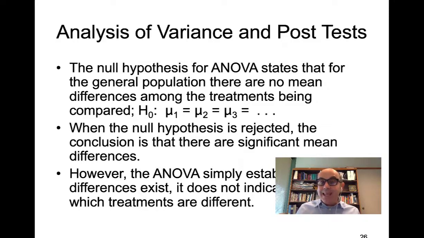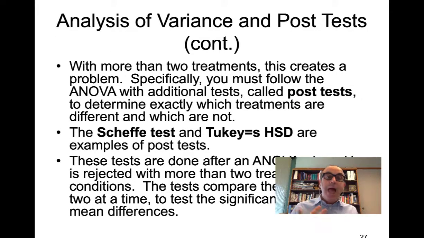It does not indicate which treatments are different from each other. When we have more than 2 treatments, this can create a problem. Specifically, you must follow the ANOVA with additional tests, called post-tests, to determine exactly which treatments are different and which are not.